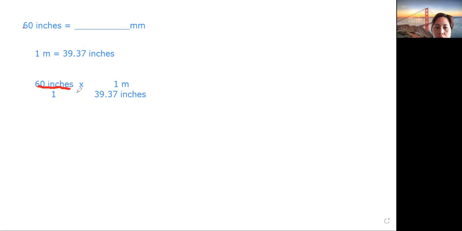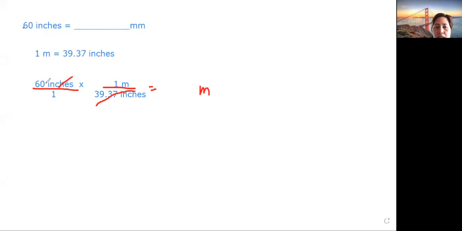Okay, so 60 inches. We're going to convert first 60 inches to meter. So we have here, cancel inches, for us to be able to get the meter.